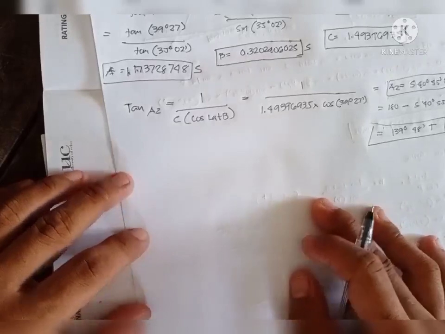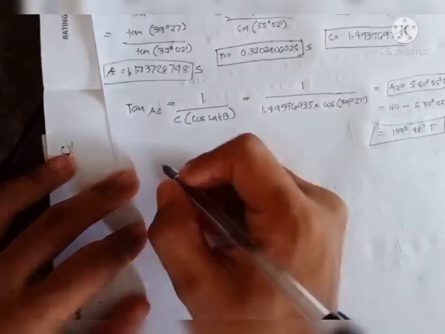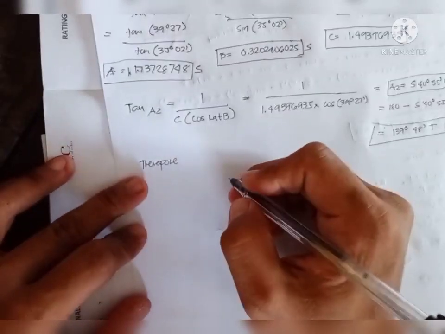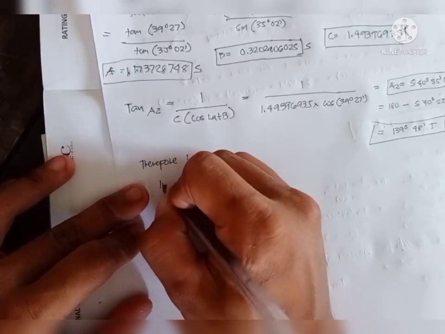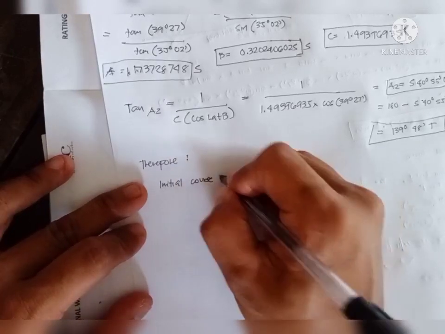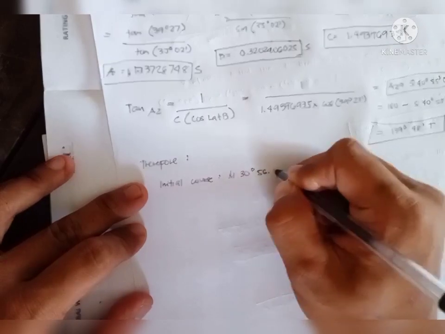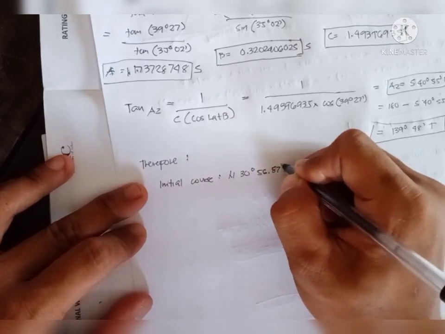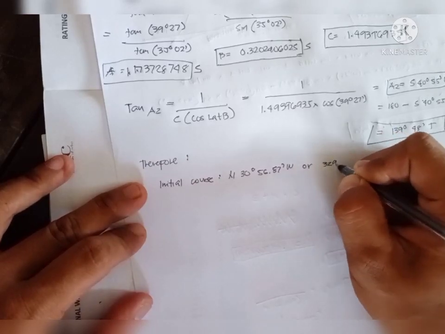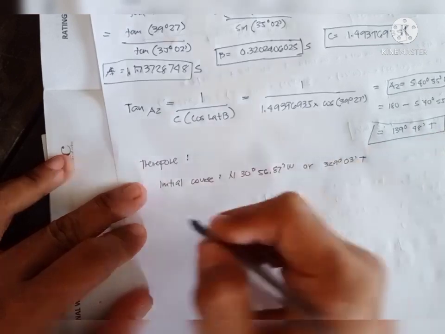So therefore, as we computed the initial and final, we're going to put it here. Initial course: 30 degrees 56.87 west or 329 degrees 03 minutes true.